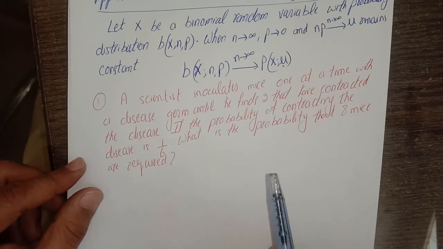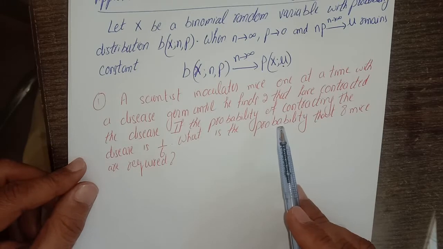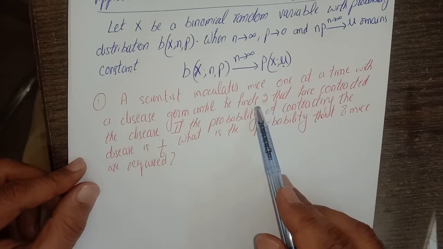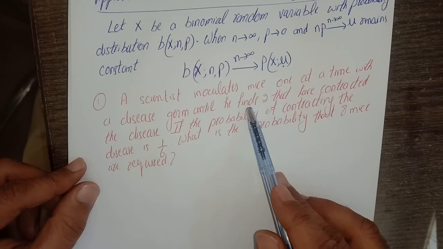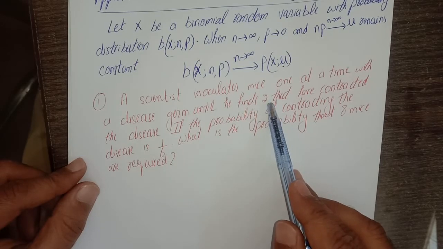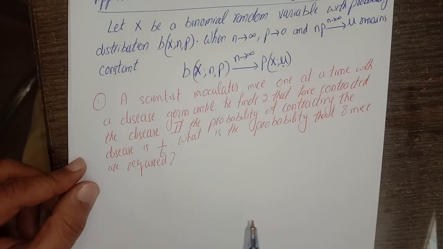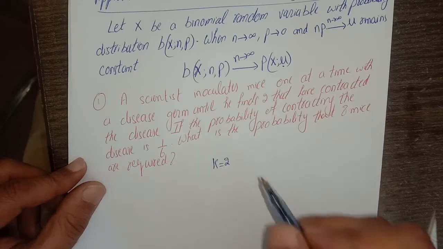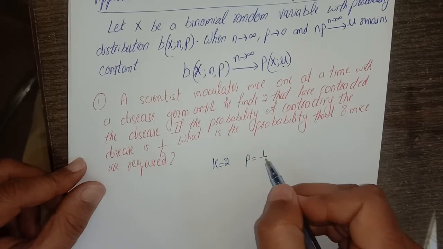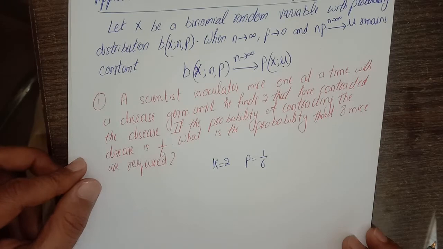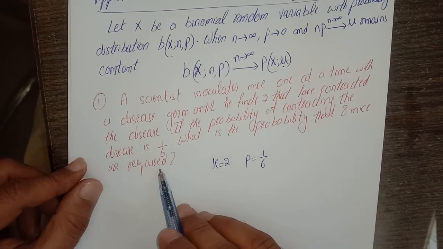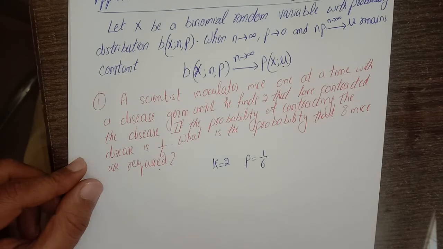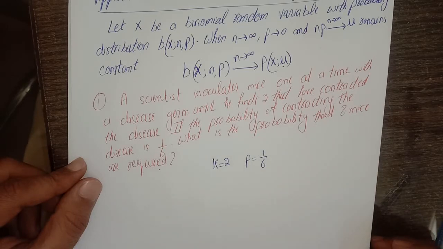If you closely look at this problem, the number of successes is fixed: you have to find two that have contracted the disease. So k is equal to 2 in this case, and the probability of contracting the disease is 1 by 6. Next, what is the probability that 8 mice are required? You are interested in the number of trials, the number of mice tested for the germ.